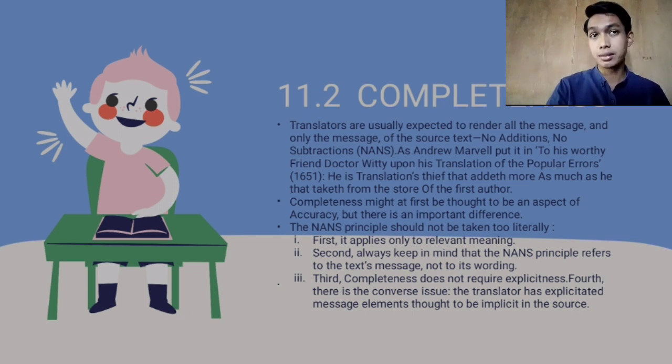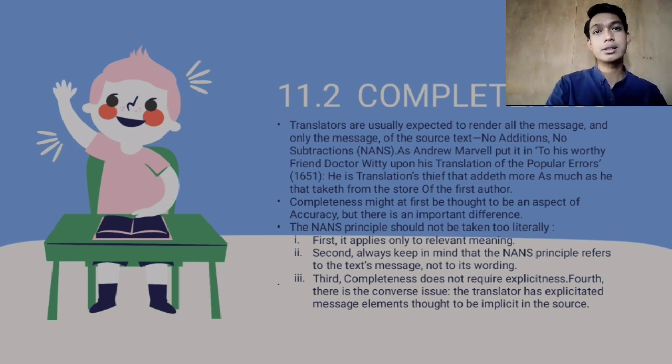Leaving message elements implicit, together with elimination of redundancy, is important when only a small, predetermined amount of space is available for translation. If this technique doesn't work, then perhaps a different font, a smaller font size, a changed margin, and reduction in line spacing might solve the problem. But in some cases, it may be necessary to simply omit material.